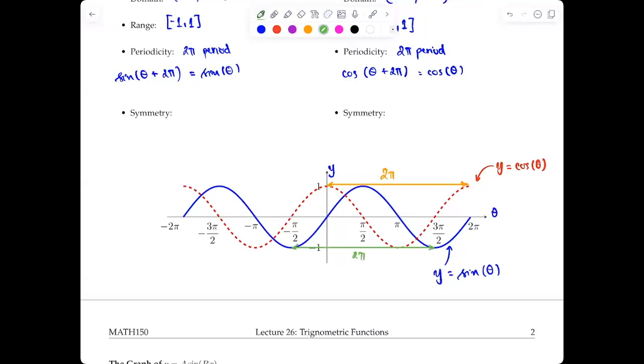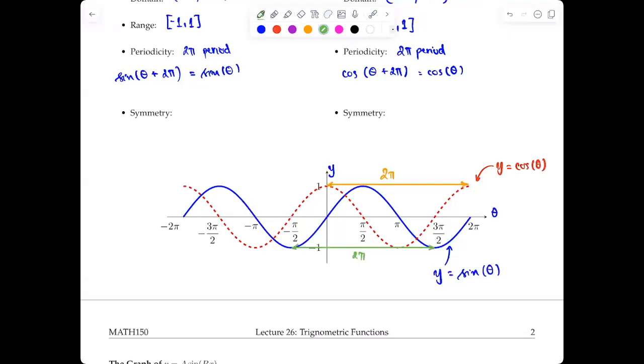The way to recognize a periodic function is that, let's say you look at this curve, and because it's a 2 pi period, if you cut the curve from 0 to 2 pi and shift it to the left or to the right, so from 0 to 2 pi, you take this curve and map it from 2 pi to 4 pi, the behavior of the function is going to be the same.